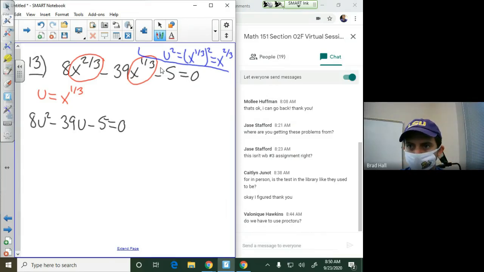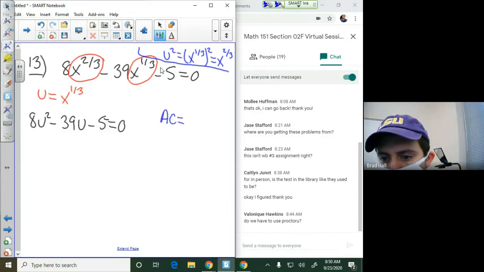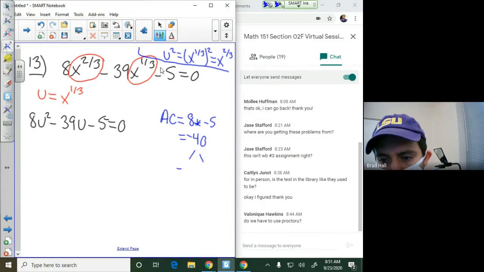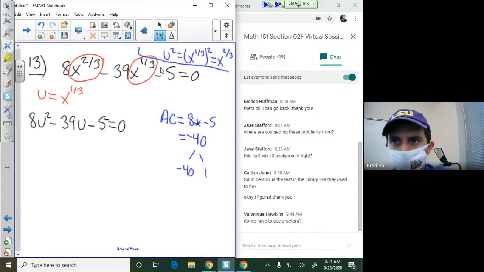And from here, it's using the AC method. It's off to the side. It's 8 times negative 5, which is negative 40. We need two numbers that multiply to give negative 40 and add to give us negative 39. I'm seeing negative 40 and positive 1 for that.